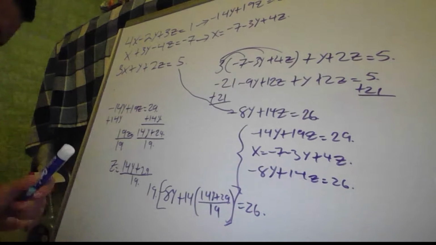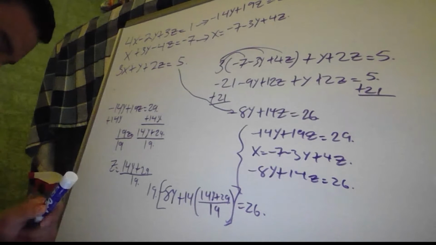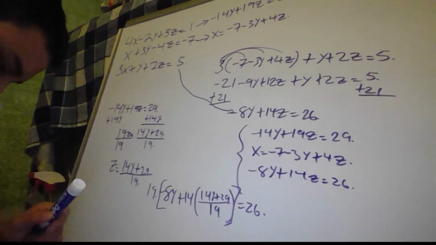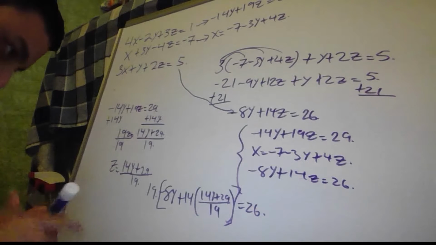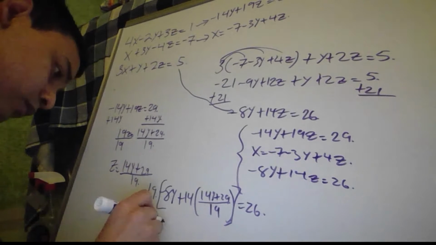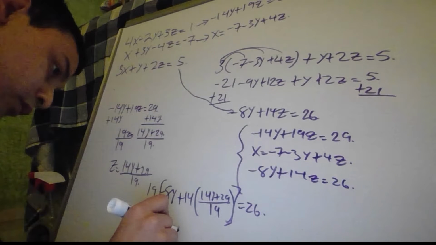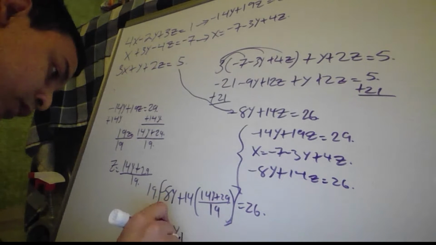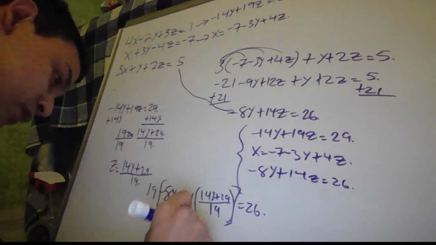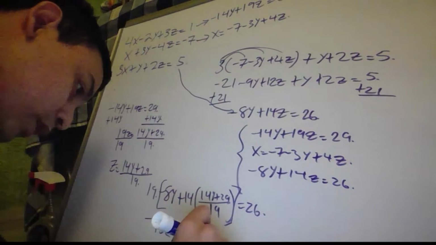So you have, let's see here, negative 152y plus 14 times 14y plus 29 equals 26, okay?